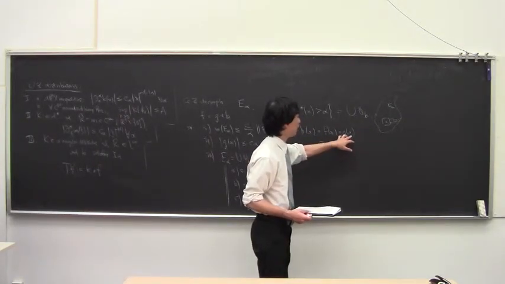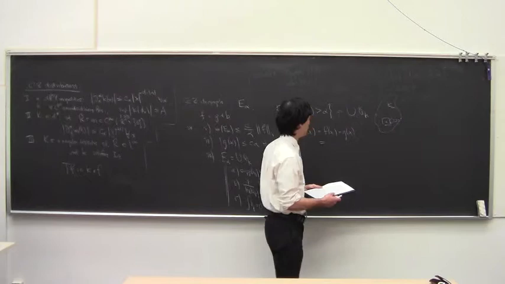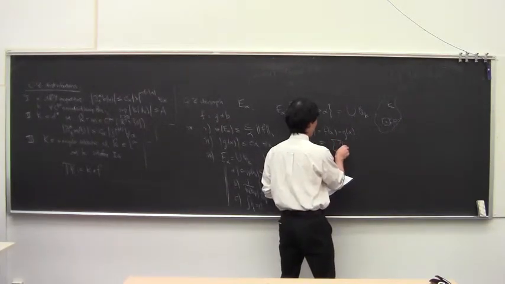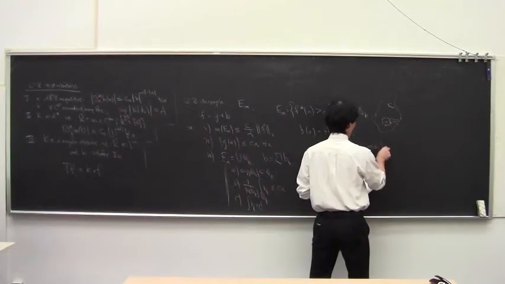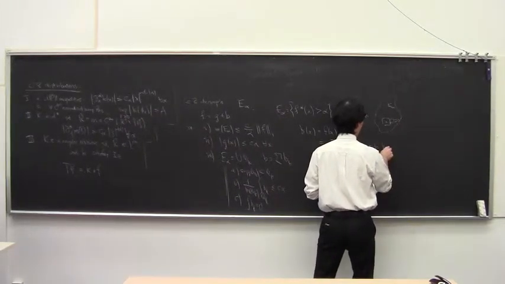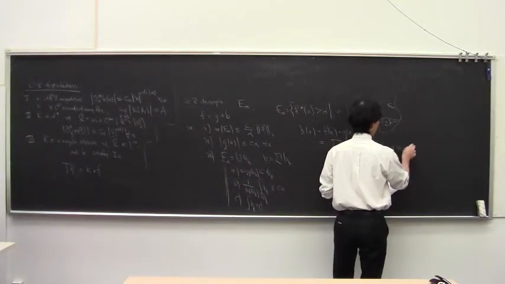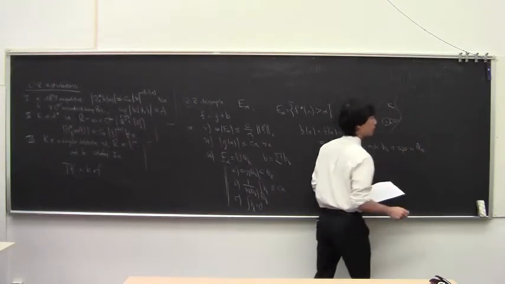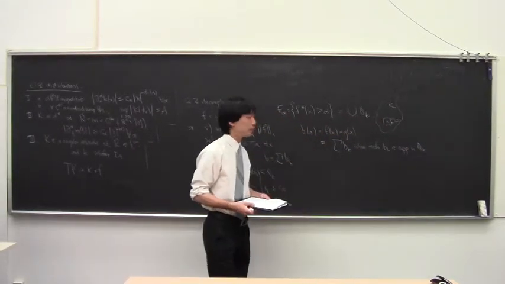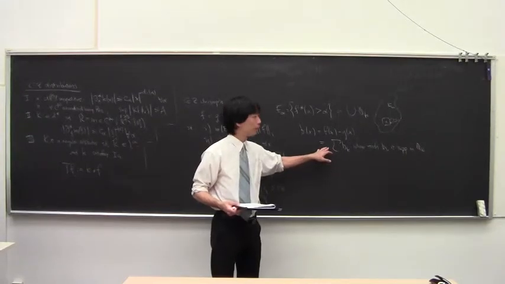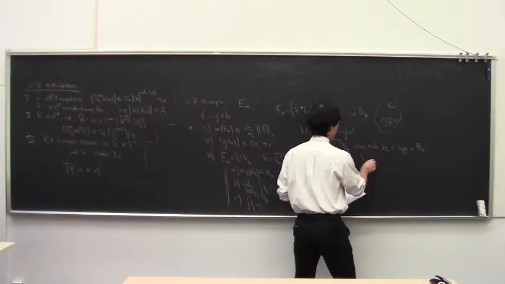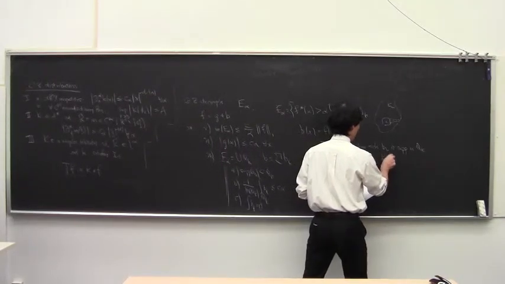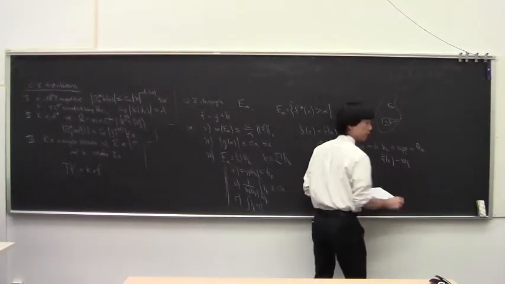It's the sum of b_k's, where each b_k is supported in Q_k. And the value of b_k is going to be the function minus the average m sub k, right?